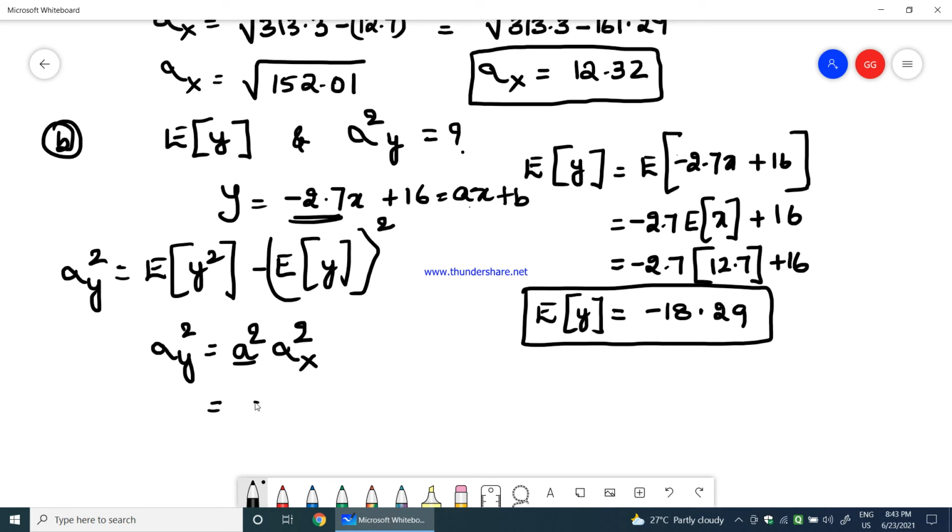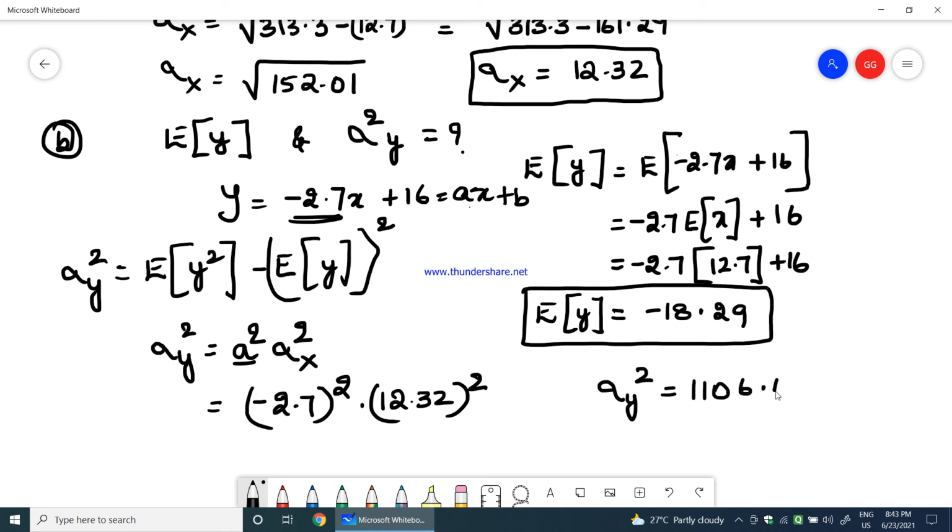I will substitute that, minus 2.7 the whole square, into the variance, which is the square of the standard deviation, 12.32 the whole square. If you solve this value, the variance of y will finally be equal to 1106.49. So this is the solution for the variance of y.